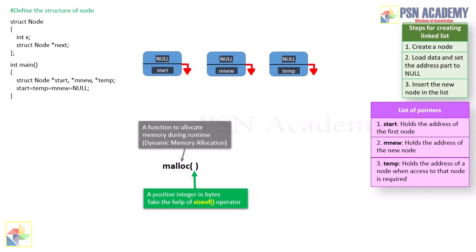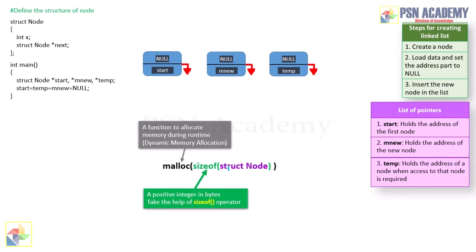Well, provide the data type of the memory allocation you need over here, because sizeof will ask you about the data type. So our data type is struct node because we want the size of this node.